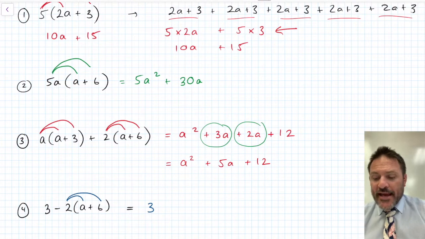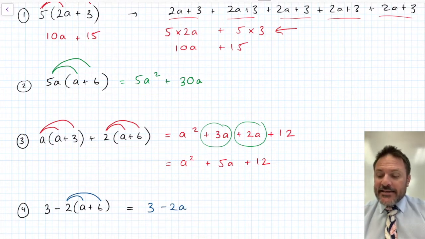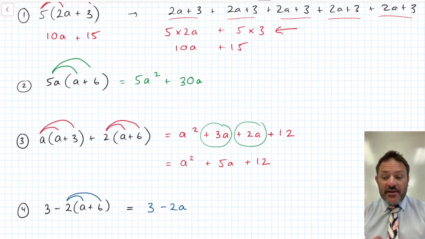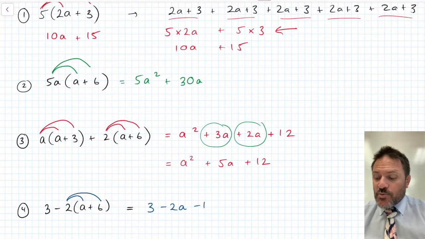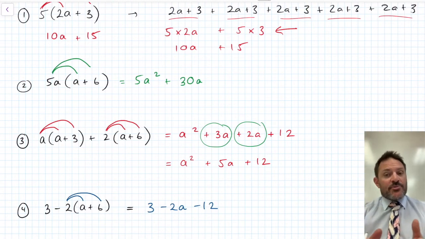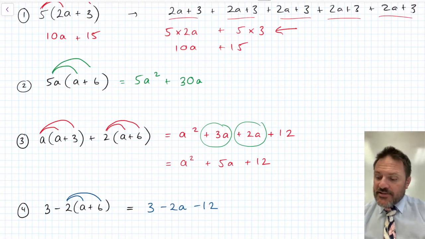So negative 2 times a is negative 2a, and negative 2 times 6, remember it's a negative and a positive number being times together, that equals negative 12. So I've actually expanded those brackets out first. Now we can deal with the add or subtract, whichever comes first. Let's look at some like terms.